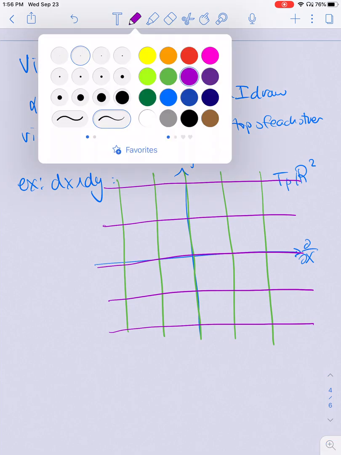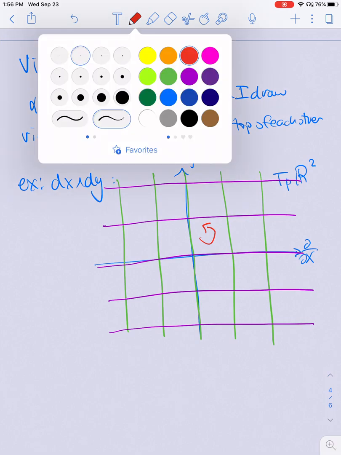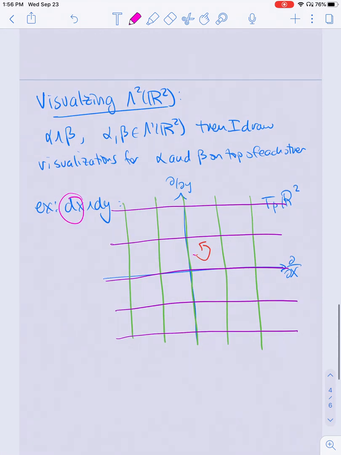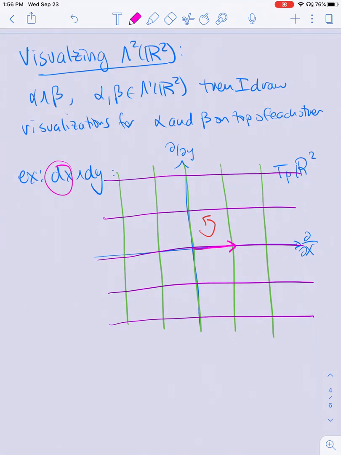And then I'm also going to add one extra thing, which is a notation that says counterclockwise. So what does that mean? Basically, I can pair dx with this vector here, which is the simplest vector.